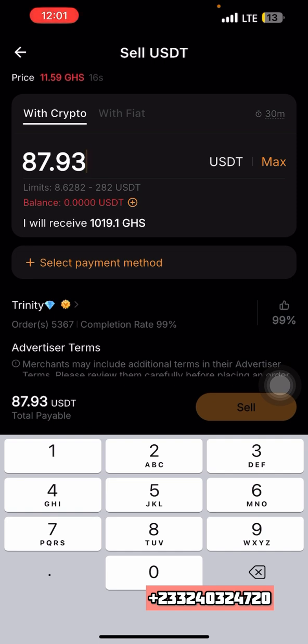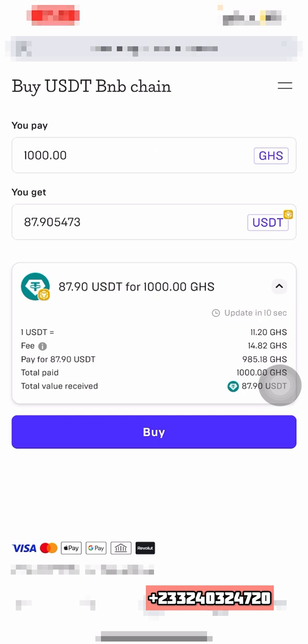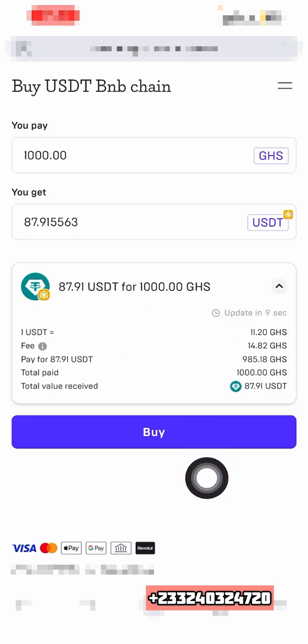And one thing about arbitrage is that the higher your capital, the higher the profit. So if I'm trading with 1,000 Ghana cedis, I'll be getting 19 Ghana cedis. Imagine if I'm trading with 10,000 Ghana cedis.